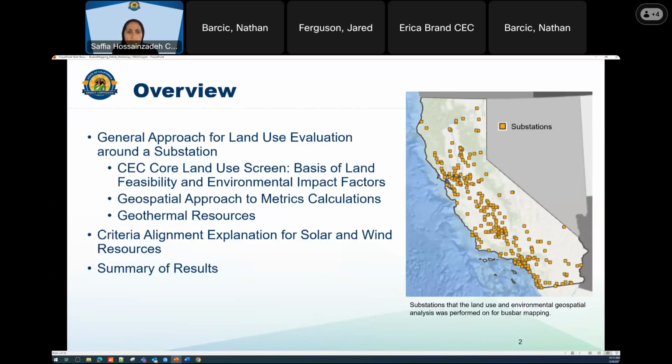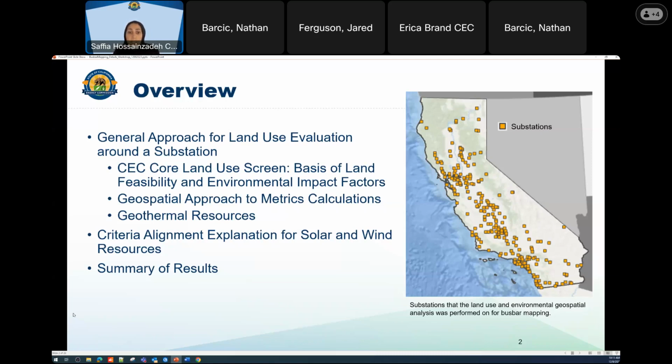Yeah, so just giving an overview, busbar mapping is the process of downscaling a coarse resolution RESOLVE portfolio to plausible input locations on the electric grid. These locations are identified by existing or proposed substations that are relevant to the California ISO for their transmission planning.